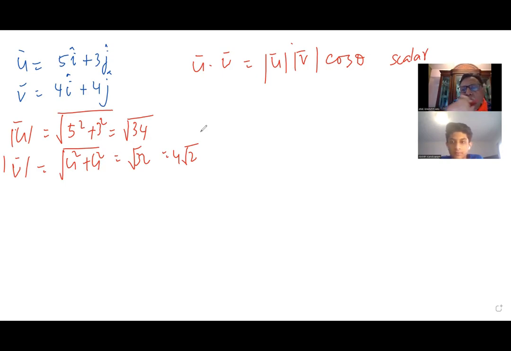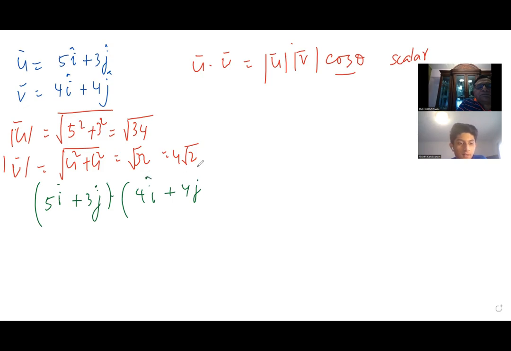Now, how do I get this cosine theta into this? I gave you the result, so how do I relate it with that result? This is what we're trying to think. We have 5i plus 3j, and we take the dot product with 4i plus 4j.